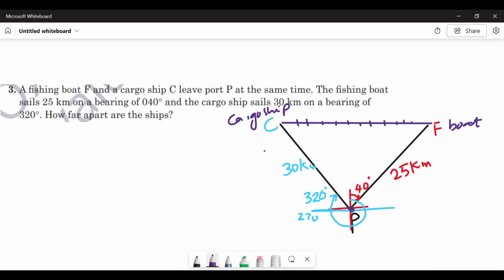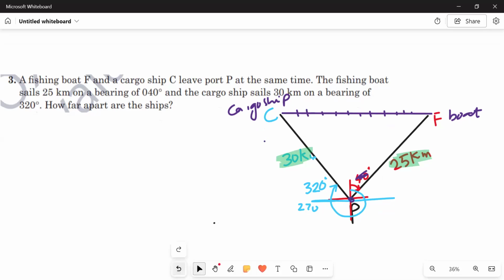First of all, two side lengths are given. The angle between these two side lengths is given, but that is a half angle. So this half angle is given as 40.